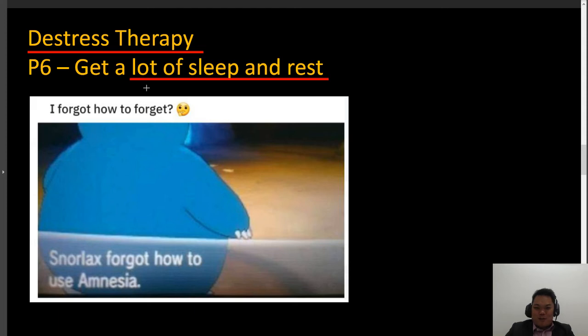My grades got to a point of no return. And I'm not proud of it, but it can happen to me, it can happen to you. So make sure you get a lot of sleep, get a lot of rest. Make sure you don't forget what happened. Because even Snorlax can forget how to use amnesia. Okay?